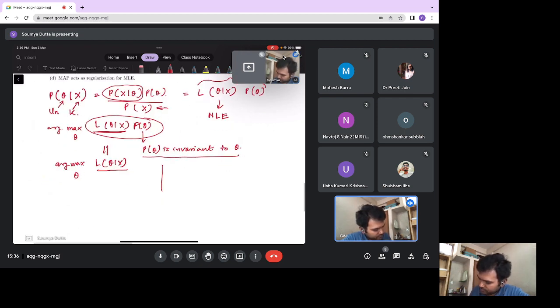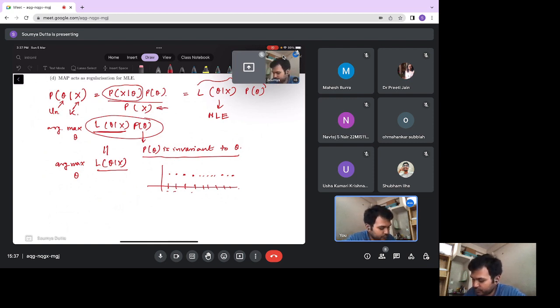If you have a distribution, I am showing it in the discrete case, with these many values of theta, and for all of these values of theta the distribution gives you the same probability of that particular value of theta occurring, only then it is invariant to theta.